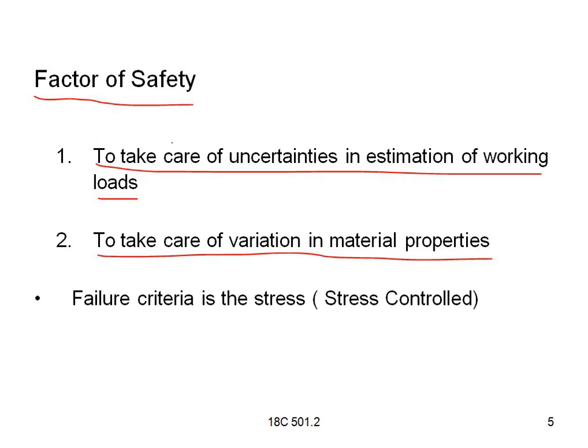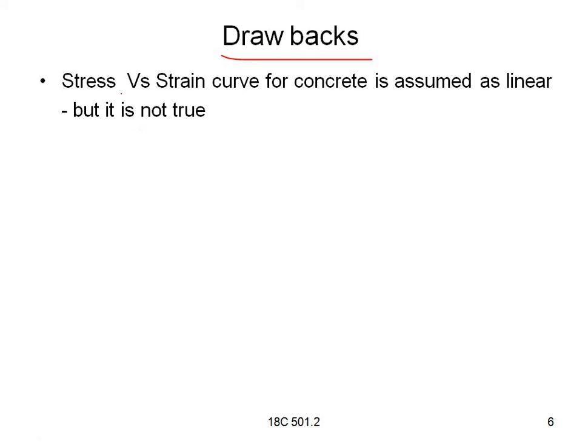Next, the failure criterion is stress, and stress can be controlled by taking the factor of safety. What are the drawbacks? The stress versus strain curve for concrete is assumed as linear, but it is not true.